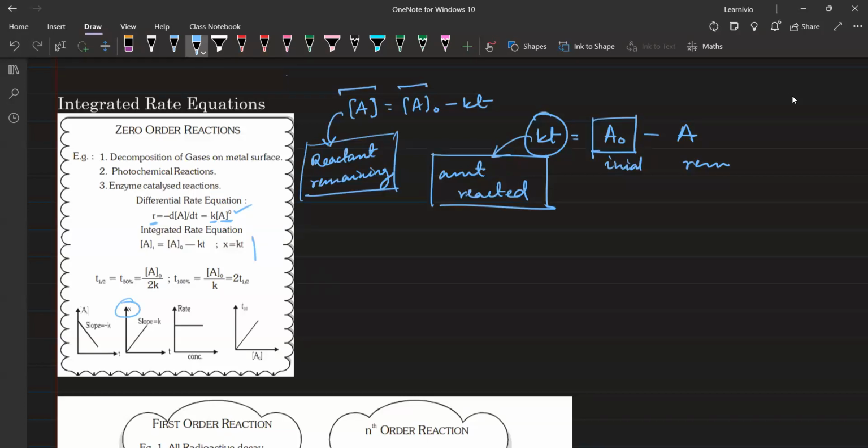Next, we have the rate versus the concentration. Since the rate does not depend on the concentration of the reactant, it is a straight line parallel to the x-axis. Then we have T half, which is directly proportional to A naught. So as the initial concentration increases, the T half is also going to increase. So these are the few graphs for zero order reactions.